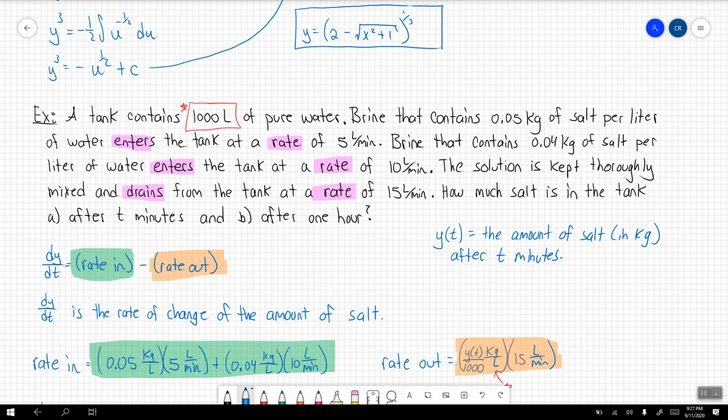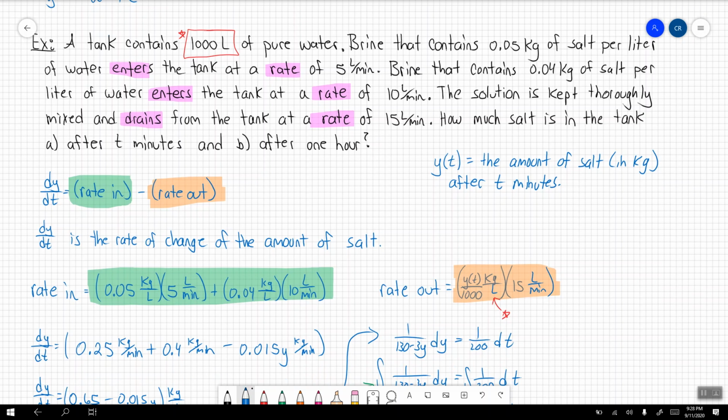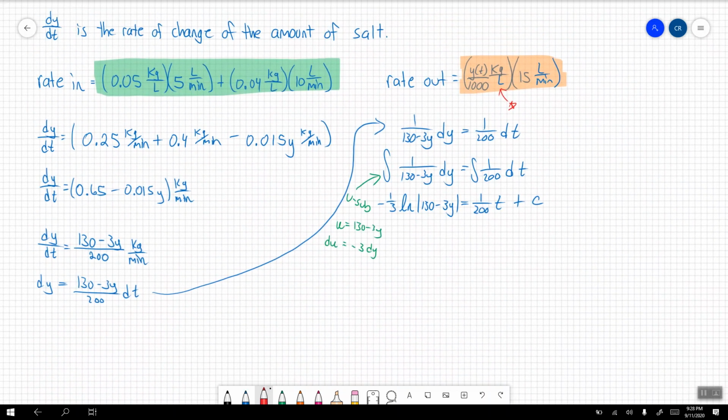So we have that in mind. y of t is the amount of salt after t minutes, which means at t equal to 0, meaning we haven't started, there are only 1,000 liters of pure water in there. So how much salt is within that water? None.